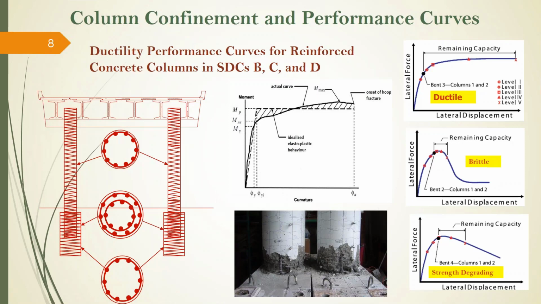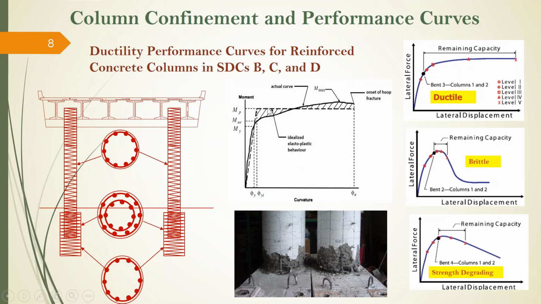The key to seismic performance, whether we are using precast or cast-in-place, is to meet the ductility requirement. Ductility requirement means once we get to yielding, we still have post-yielding capacity without losing capacity. That's the moment curvature that it shows.